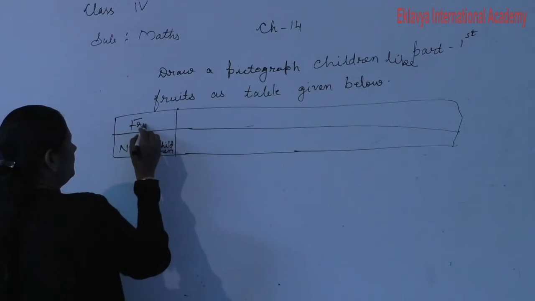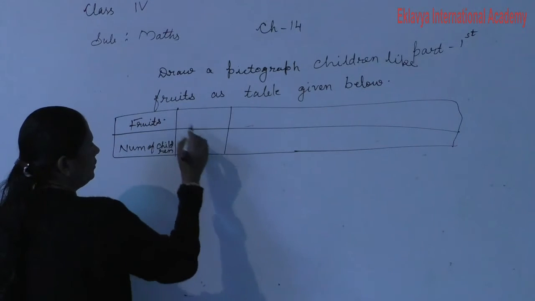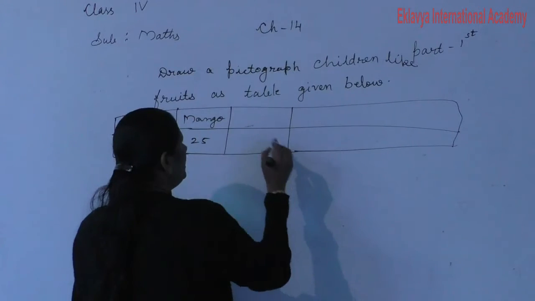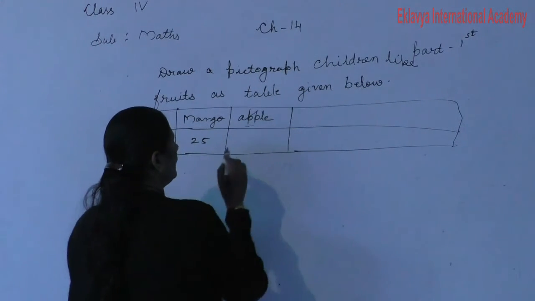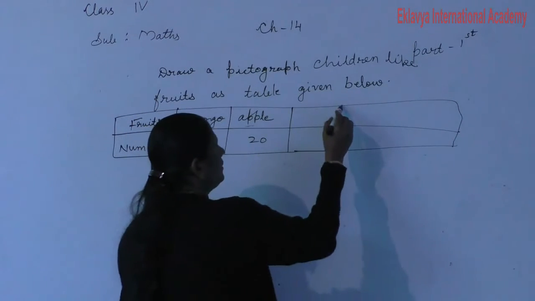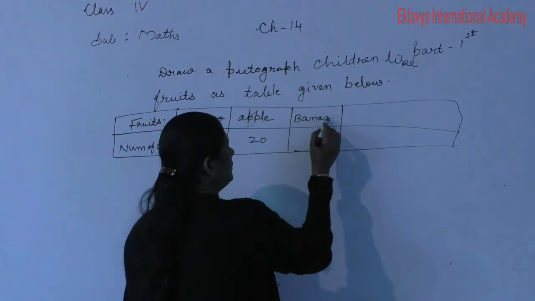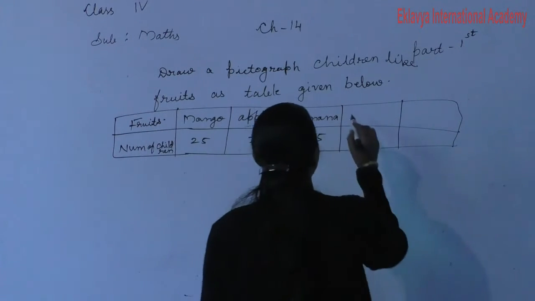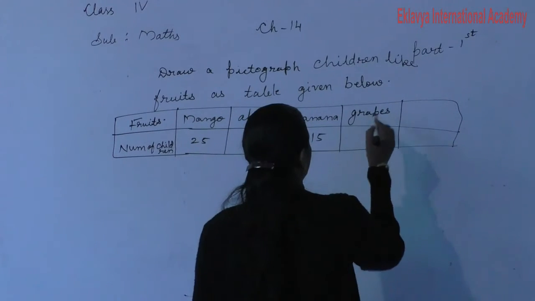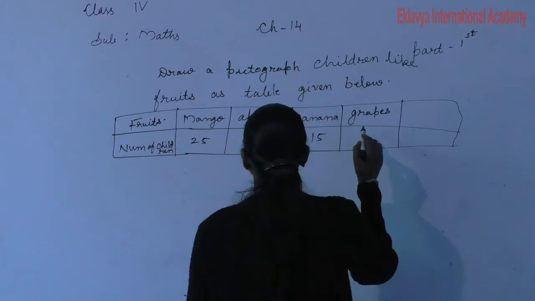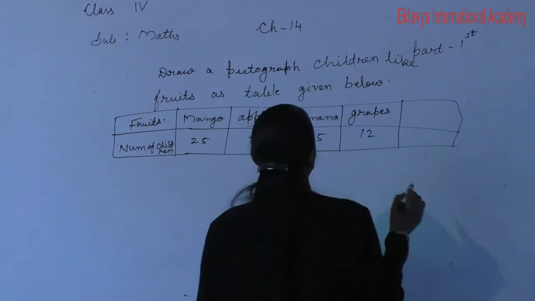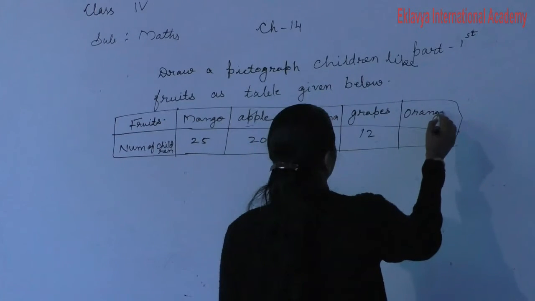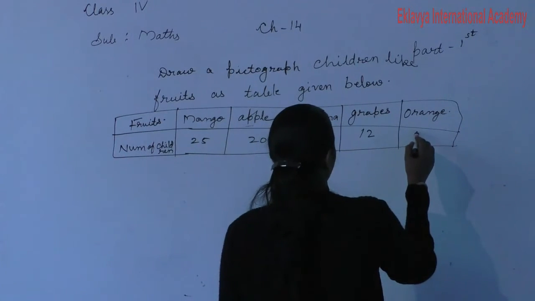First mango, 25 children; then apple, 20 children; then banana, 15; then grapes, 12; then orange, 10.